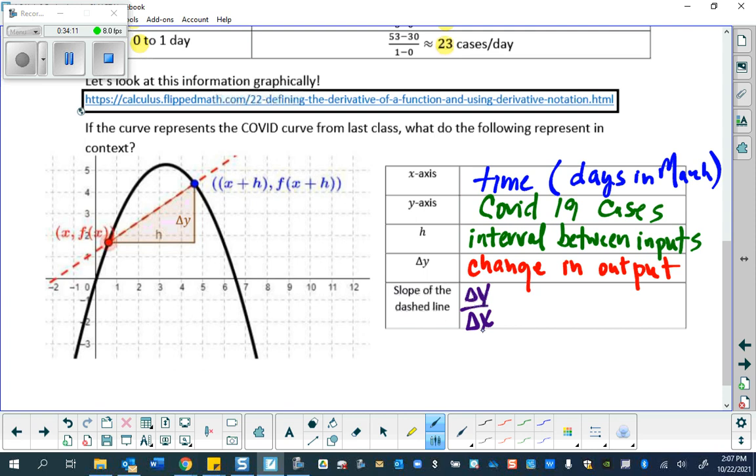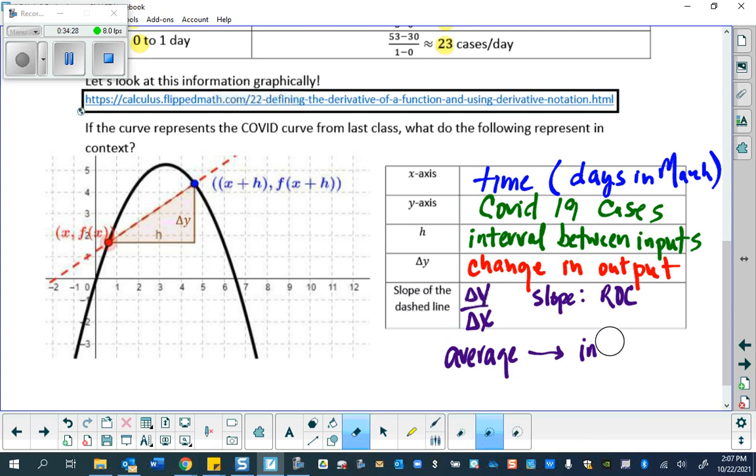We can talk about that as our slope, our rate of change. And what we want to do is make it so our average rate of change is approaching the instantaneous rate of change.